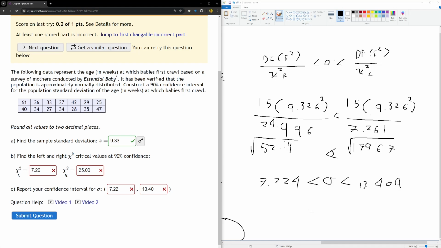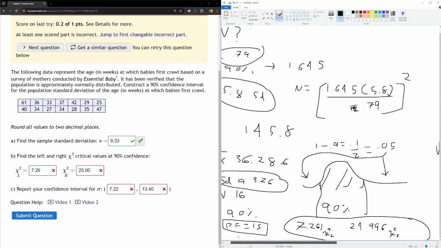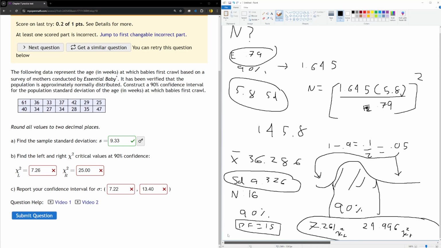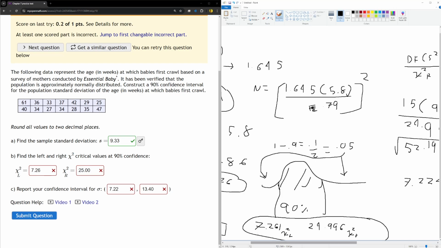Well, we messed up in the very beginning, which obviously means those are wrong, because these are wrong. Let's recheck our math real quick. Wait a minute, did I even do it right?